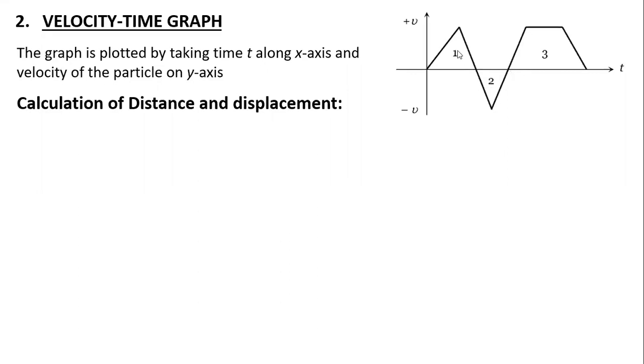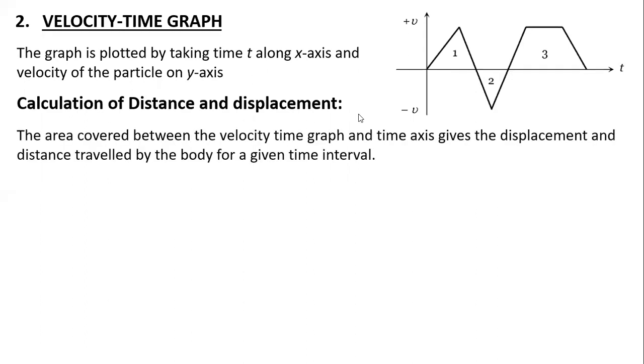And I labeled 1, 2, 3 because, when I talk about distance and displacement, the area under the graph gives the displacement and distance traveled for a given time interval. Why area? Because velocity into time gives you displacement. So it's multiplication.